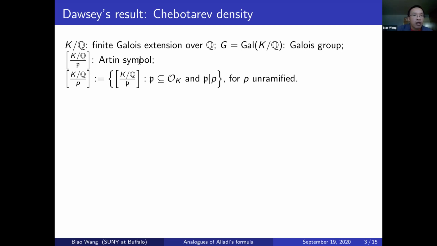And K over Q over small p is a collection of the Artin symbols for the script P over small p, for unramified p. And this set is a conjugacy class in the Galois group.